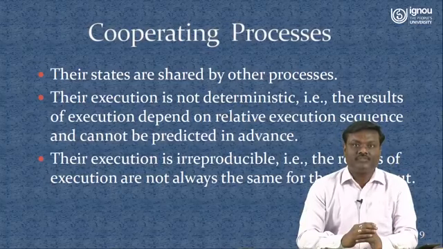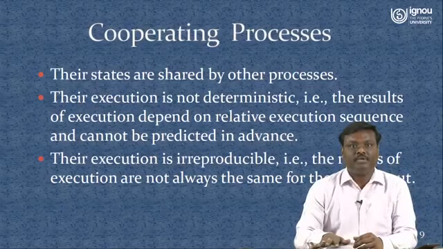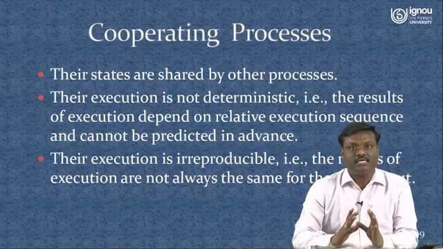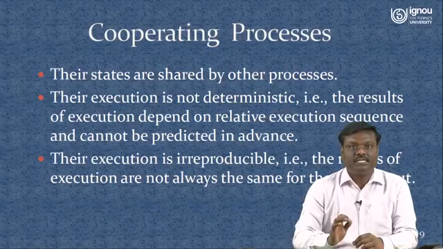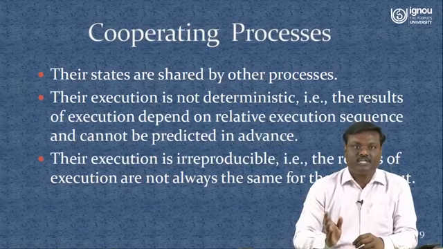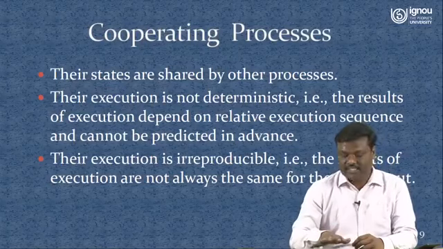If you test it 3 to 4 times, the result may vary. So you have to keep this in mind for cooperating processes. The synchronization part and the communication part should be well designed and well written in the program, so that when it becomes a process, the outputs we intend or desire can be expected.